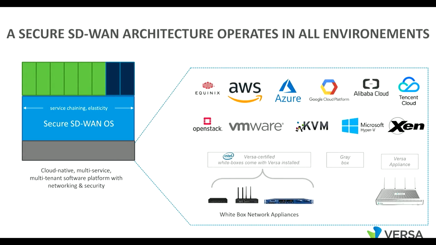Here you can see that a secure SD-WAN architecture can be deployed in Equinix, AWS, Azure, Google Cloud Platform, Alibaba, Tencent, and supports a whole bunch of virtualization technology, whether it is OpenStack, VMware, KVM, Microsoft, Xen. It should support all of this hypervisor technology. Additionally, it should be cloud native, multi-service, and multi-tenant, Mike.